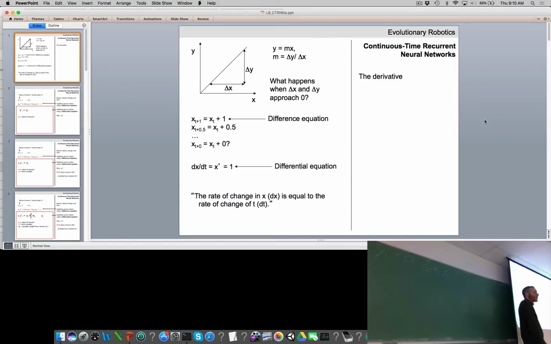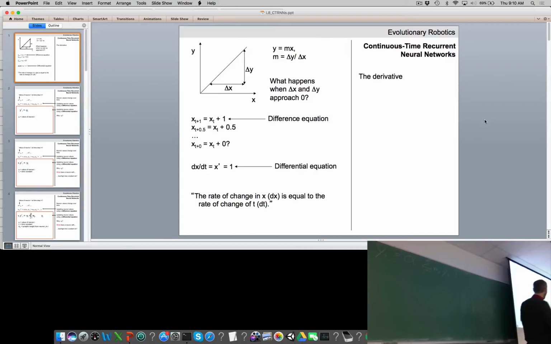So our difference equation is failing now, right? So now we invent calculus, and we can now write a differential equation which says this is how much x changes as a function of t, without saying exactly how much t is changing, right?